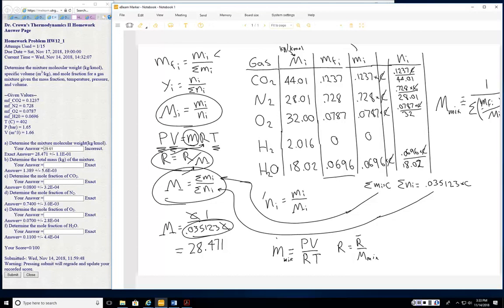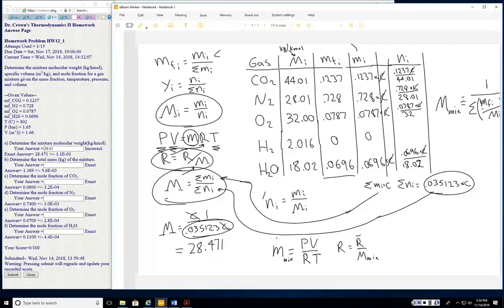Okay, then we have four more parts left, which is the mole fraction. So the mole fraction would be the moles over the total number of moles. So if we come back to this part, we have this thing that I called Ni.